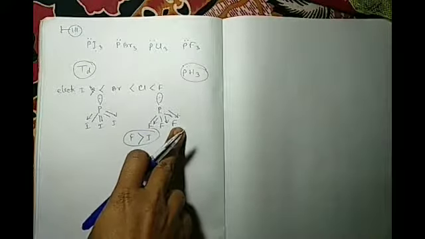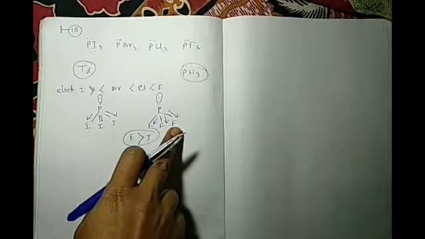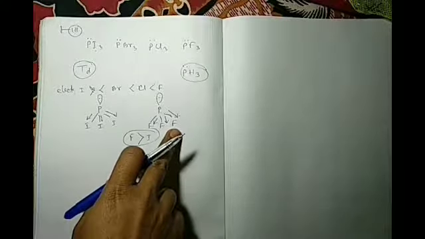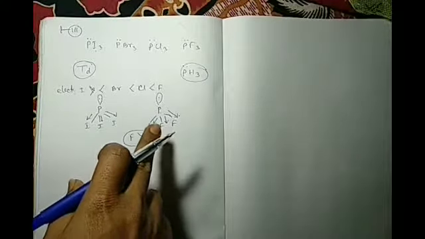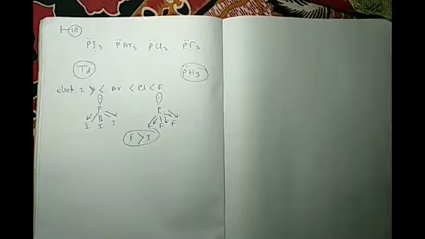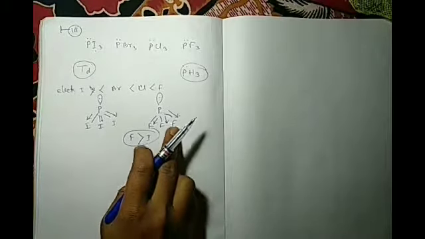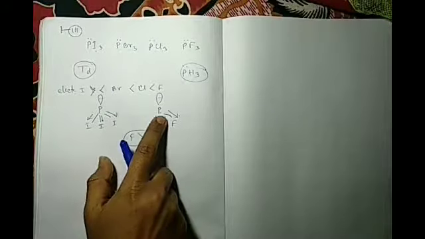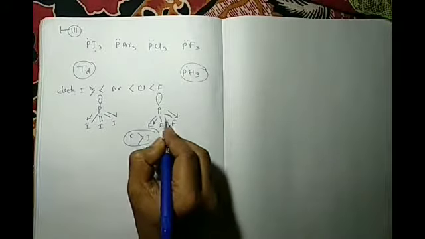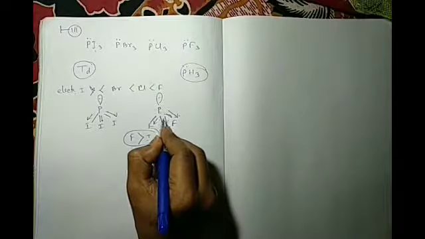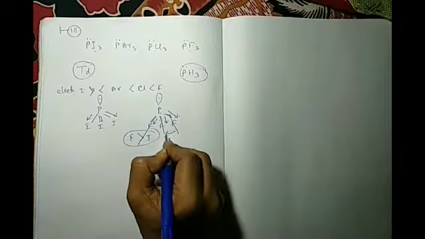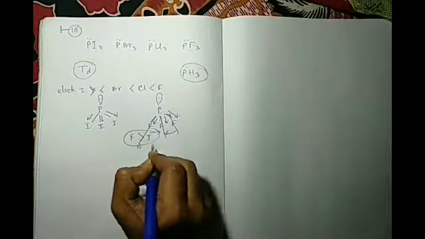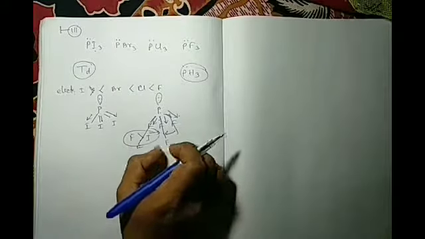So as the fluorine atom attracts the bond pair towards itself, the P-F bond becomes longer, and due to it becoming longer, the bond angle becomes less, due to the less bond pair repulsion.